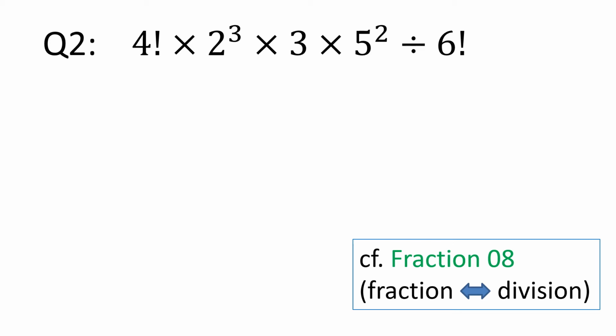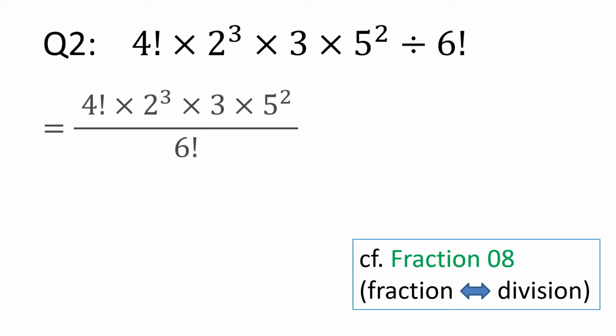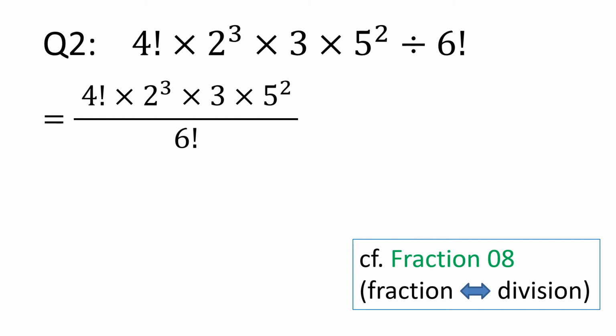So 4 factorial times 2 cubed times 3 times 5 squared divided by 6 factorial is equal to 4 factorial times 2 cubed times 3 times 5 squared over 6 factorial.